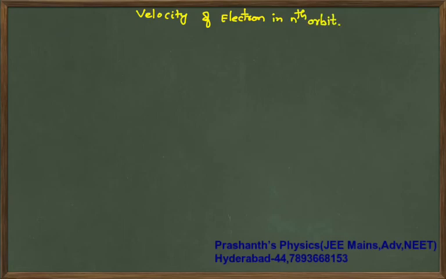So it is actually v is 1 by 137 times some constant c into z by n.